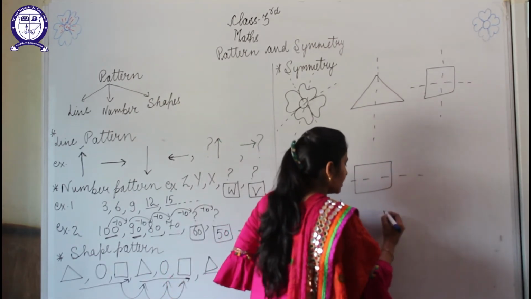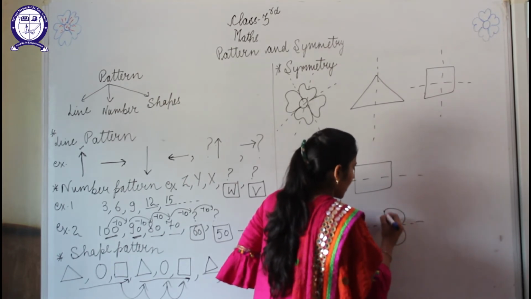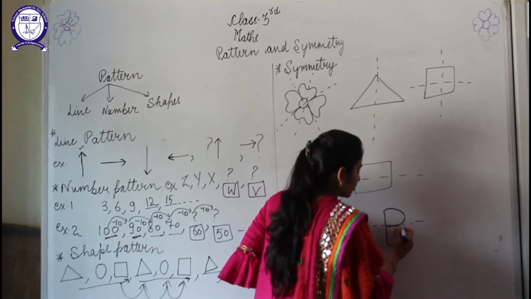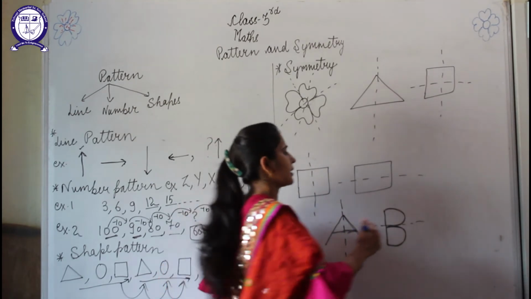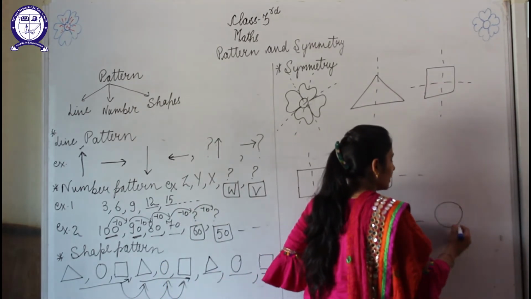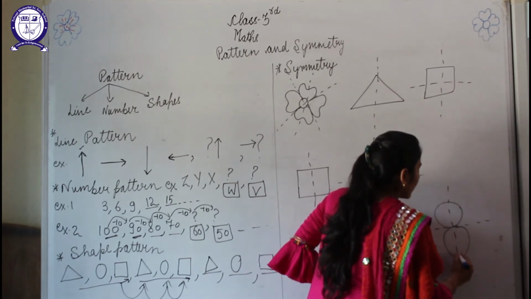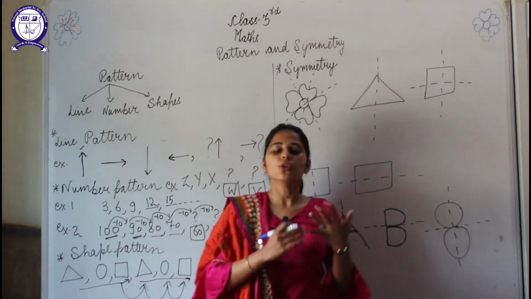And suppose in B, I am drawing a line, and the part present above the line and the part present below the line are equal. In the case of letters also, I am having here H. Okay, and I am drawing this line. So a single object can have one symmetry line, 2, 3 or more.